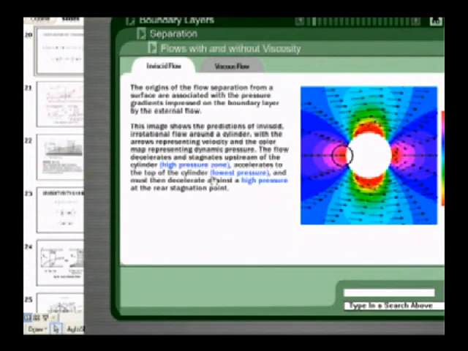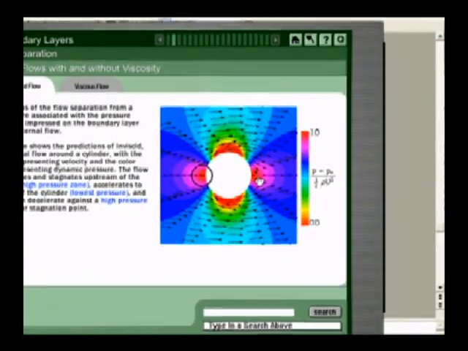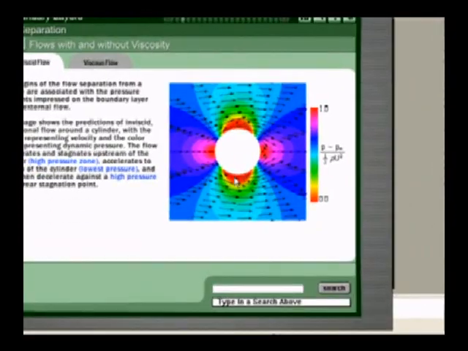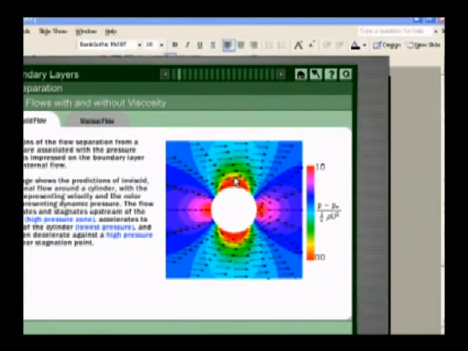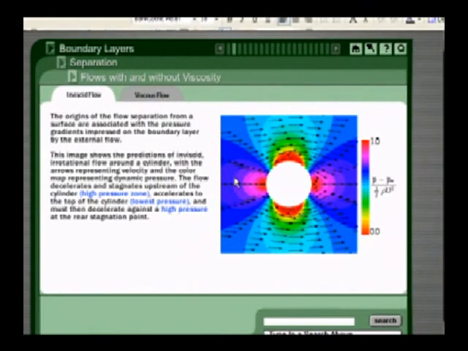With the help of this circle, this area and this area come in the category of high pressure zone, and these two come in the zone of low pressure, because the fluid is flowing from left to right.